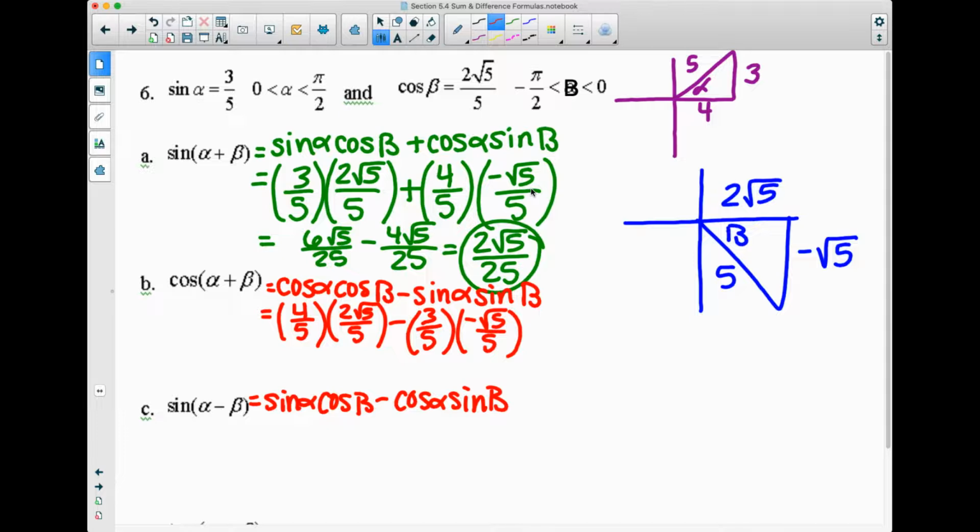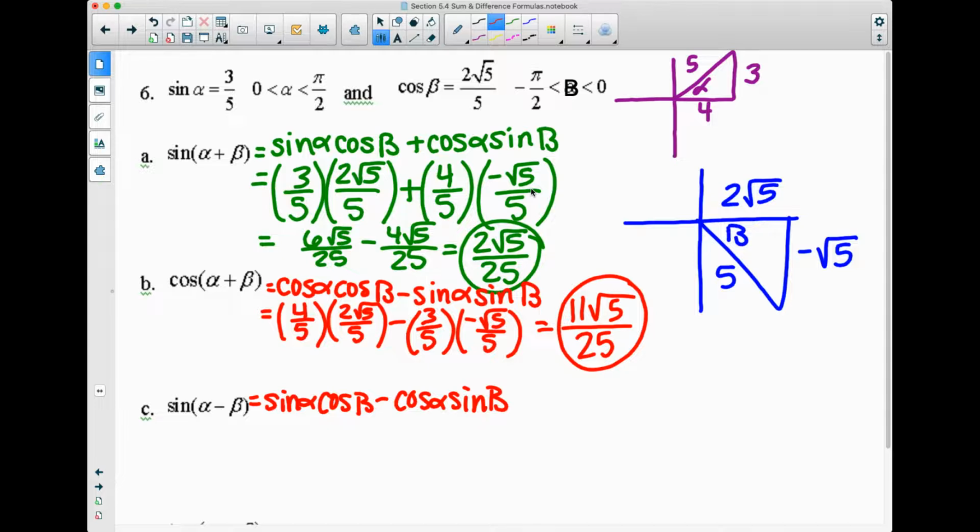So I get 8 square root of 5 plus 3 square root of 5. Make sure I'm not losing my mind here. So I get 11 square root of 5 over 25. Okay, because I can multiply those coefficients out front.